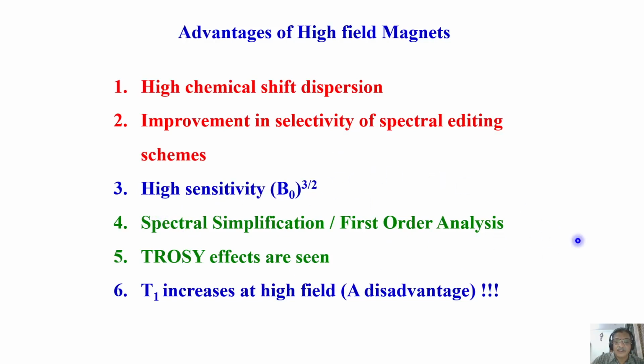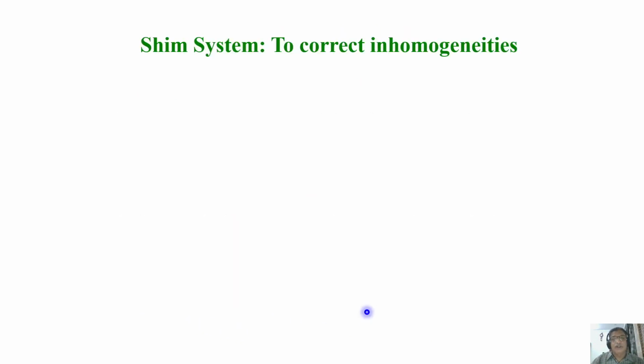We can get first order analysis. Like I said, second order coupling, if it is strongly coupled spins, can become weakly coupled, and first order analysis is feasible at very high magnetic field. We can see Trosy effects, which I did not discuss. Don't worry about it. T1 increases at high field, a small disadvantage, doesn't matter. We can study T1 also.